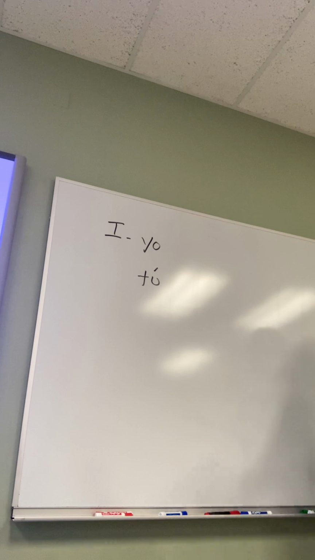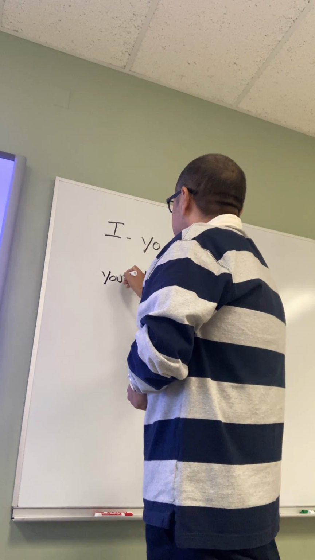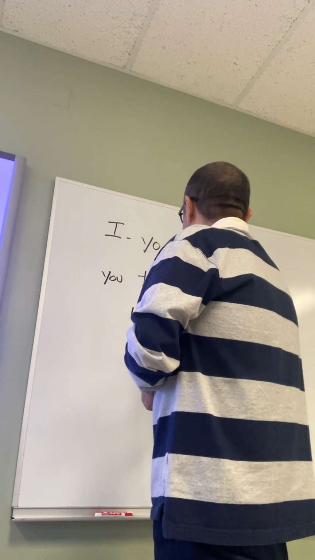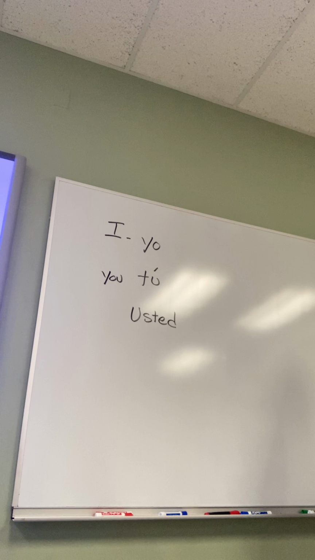Informal or familiar, whichever term you want to use. So friends, family, peers, young people, students, etc. So I'm going to write you. What does usted mean? You in the formal. So strangers, people you don't know, people you just met, older people, your teachers, your doctor, your lawyer, etc.